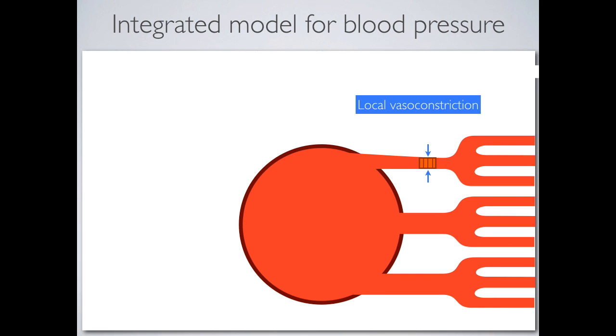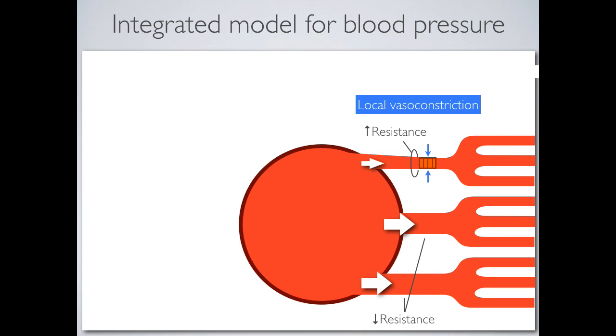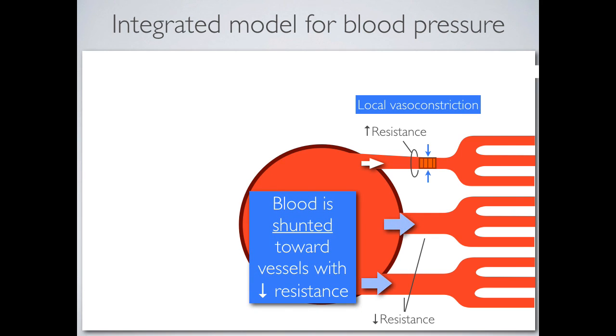And when you generate an elevated peripheral resistance in some vessels, then you're going to have higher resistance there and relatively low resistance in other vessels. And as a consequence, because of Poiseuille's law and this high effect of radius on resistance, there's going to be preferential blood flow to those relatively large diameter or large radius vessels.